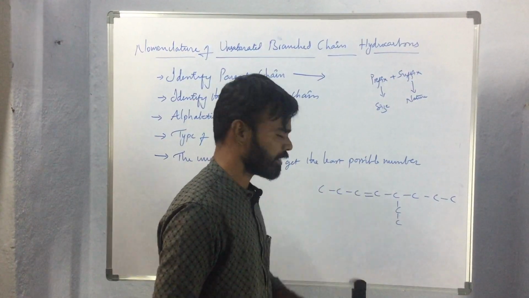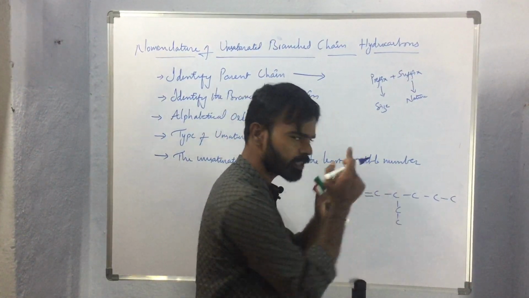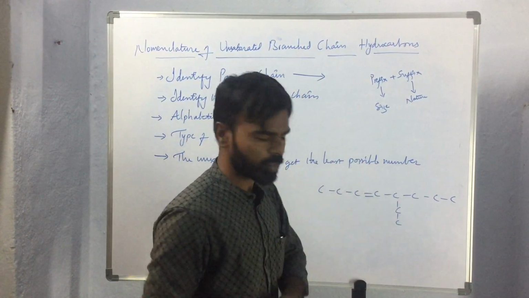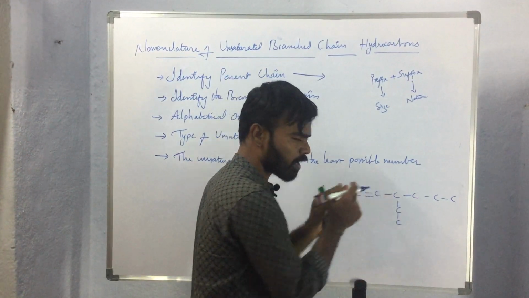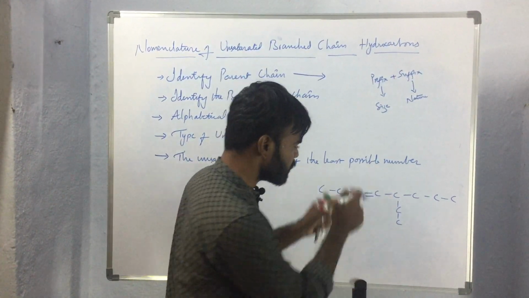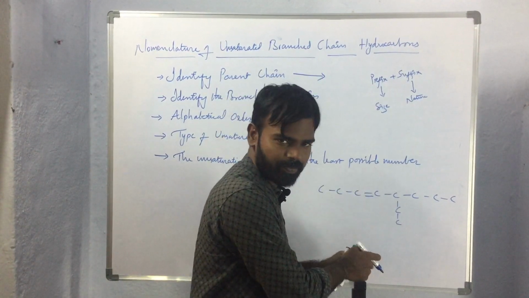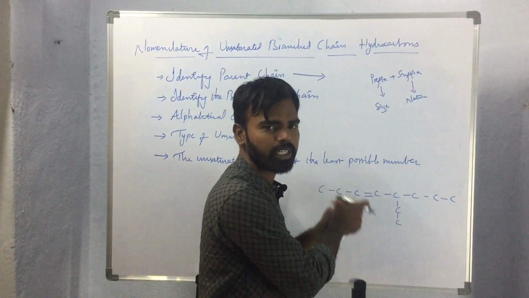But here, we are having both: unsaturation is present and also the side chain is present. Now, which one is to be given the first priority? In this type of compounds, this unsaturation should get the least possible number, rather than the side chain.